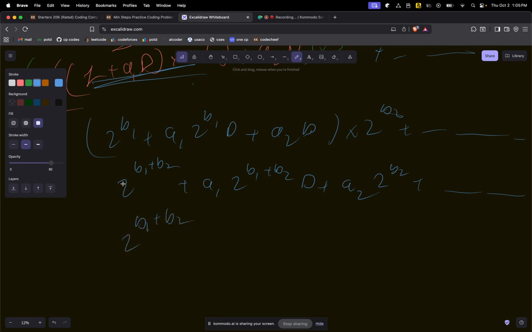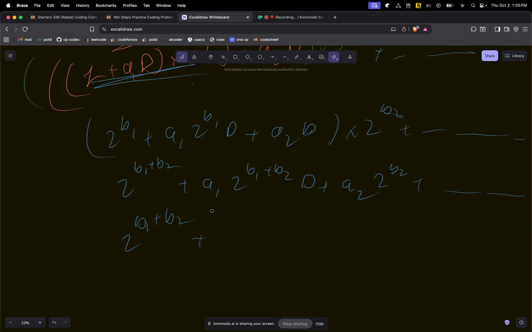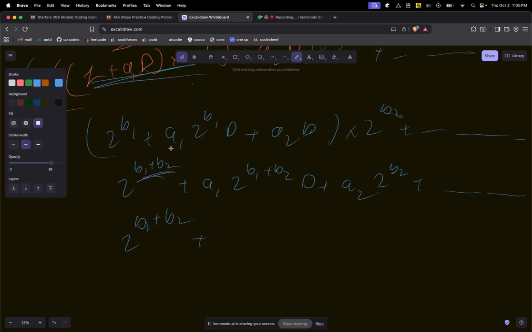So if you want, you can add a couple of more terms. The final answer would come to is that here all the factors of b1 will add here. So it would become 2b1 plus b2 plus b3 plus dot dot dot. So sum of all b's plus I take the d common here. So plus d here.